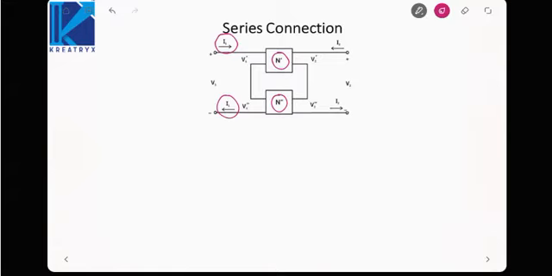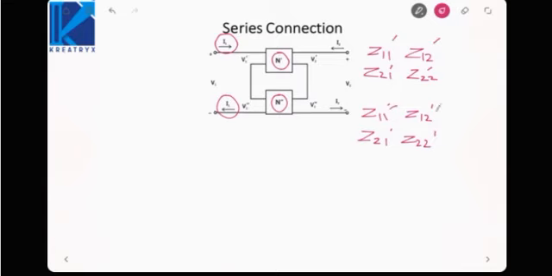So if we choose the Z parameters, then let us say this has the parameters Z11, Z12, Z21, Z22, and the other one has Z11 dash, Z12 dash, Z21 dash, Z22 dash. Or we can mark these as dash and double dash to represent N dash and N double dash, so that the resultant can be modeled as Z11, Z12.